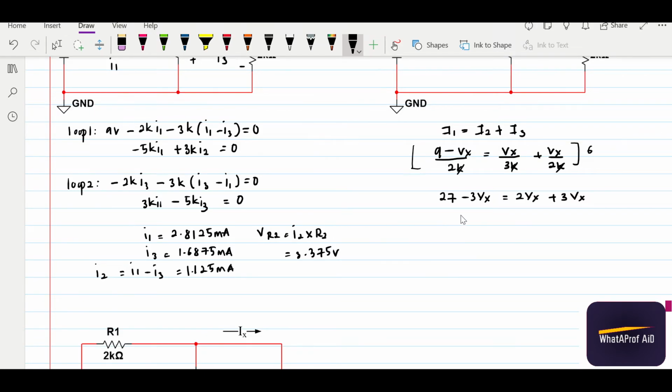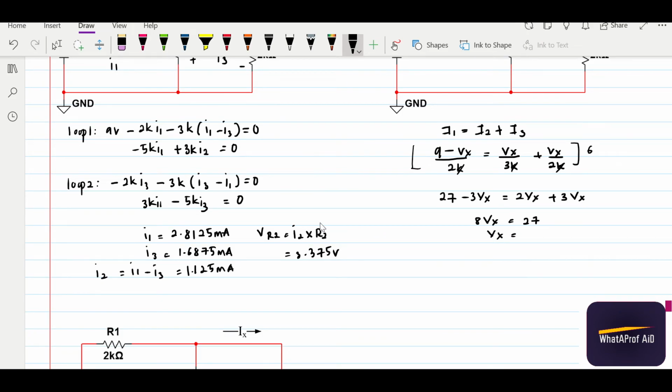Then for the total Vx, we will have 3 plus 2, 5, plus 3, 8 Vx equals 27.